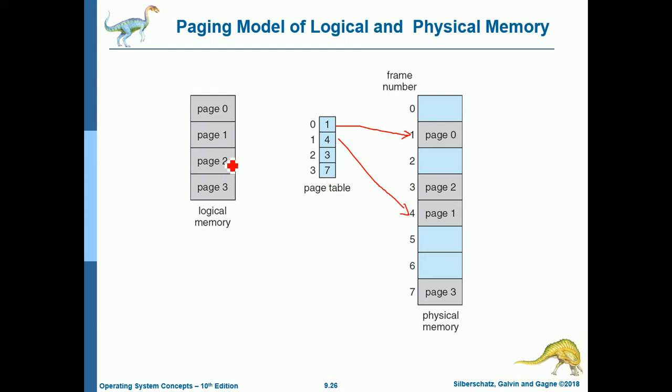Page 2 will be located in frame number 3. And last but not least, page 3 will be situated in frame number 7 of physical memory. So that is the paging model of logical and physical memory.